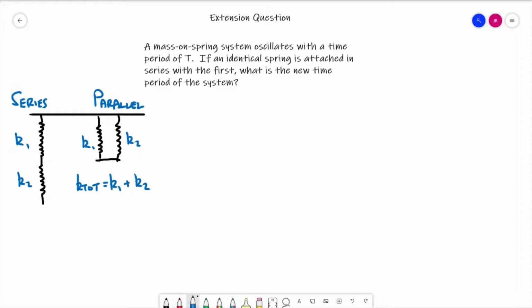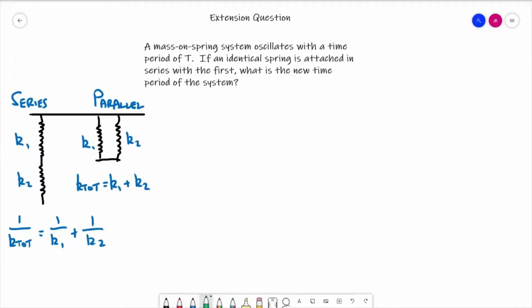When we're working in series, that's when we use the reciprocal equation. So 1 over the total spring constant will be 1 over K1 plus 1 over K2. With resistors in series, we add them together, and in parallel, we use the inverse equation. But with springs, we treat the spring constants the opposite way. In parallel, we add them together, and in series, we use the reciprocal equation.